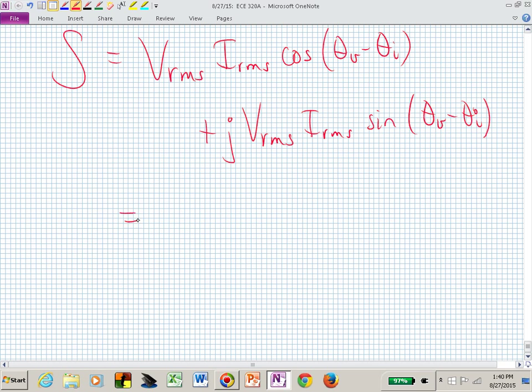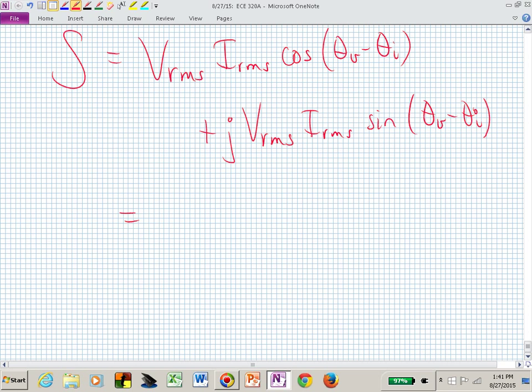Now, we can rewrite that using Euler, can't we? This is just A plus jB, and part of that is the same. V and I are the same in both of those, and now we just have cosine x plus j sine x. That's just e to the jx.